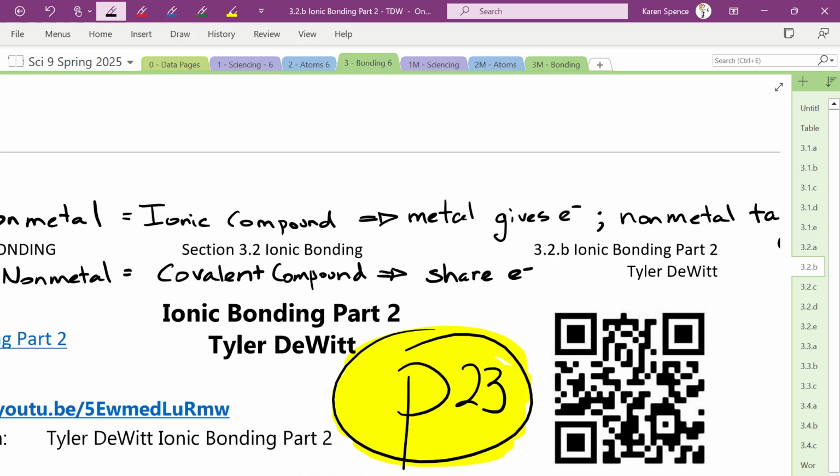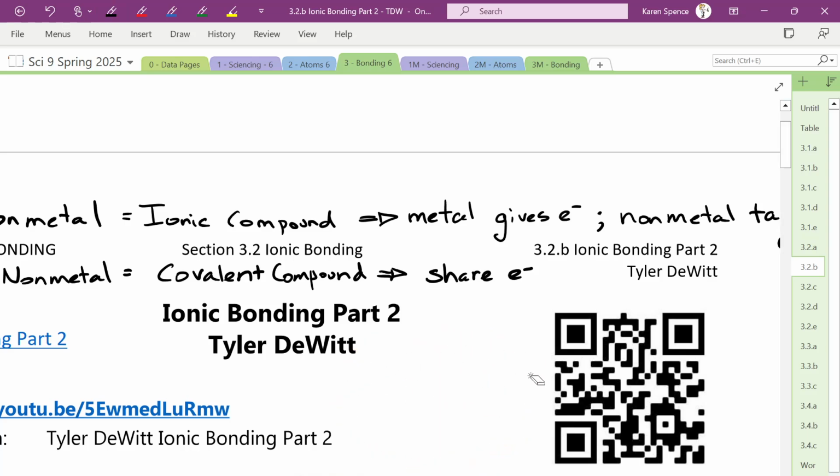What kind of structure do we get when nonmetals bond covalently? We get a type of particle. Yeah, we get a molecule. Okay?